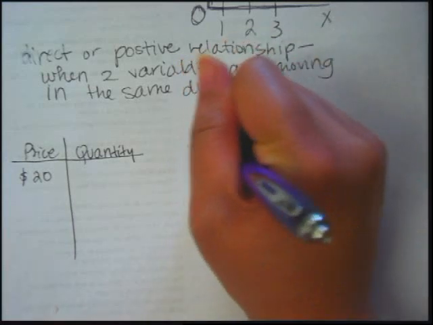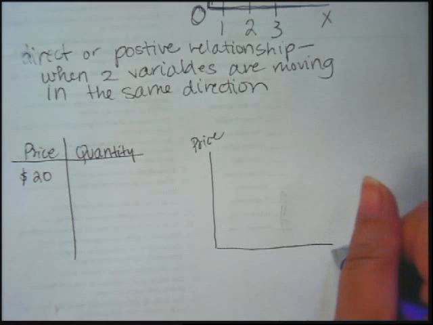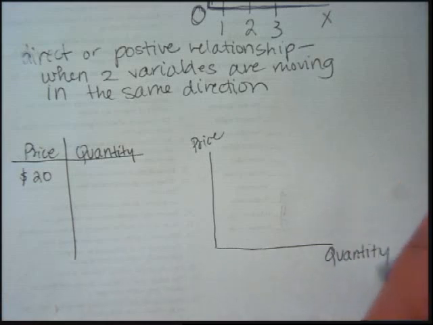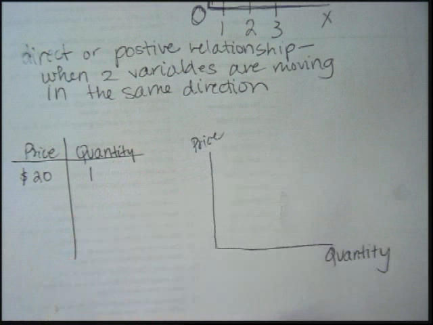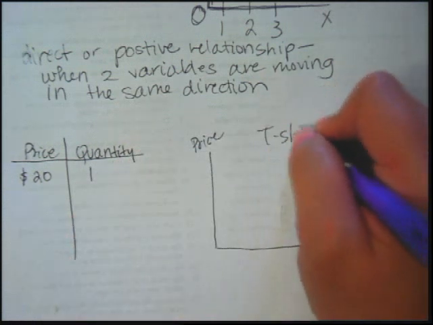I'm going to draw an axis over here. We're going to put price over there on the vertical axis, and we're going to put quantity over here on the horizontal axis. If you only had $20 to spend, and t-shirts are $20, how many can you buy? Just one. Okay, so these are t-shirts that we're talking about over here.